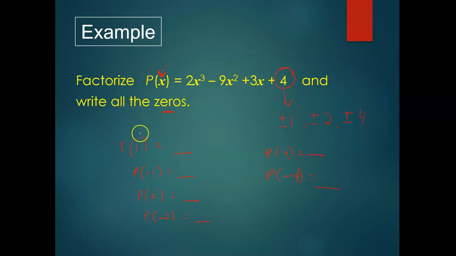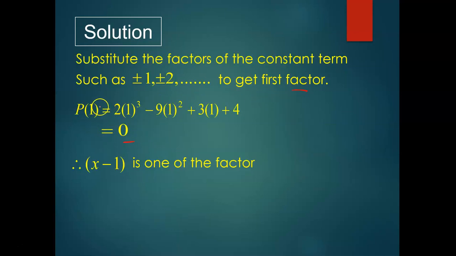By trial and error you find that when you substitute x equals 1, you get 0. So we can say x minus 1 is a factor of your p(x). From your polynomial, you can factor out x minus 1 and you are left with another bracket. Your p(x) is a polynomial of degree 3.